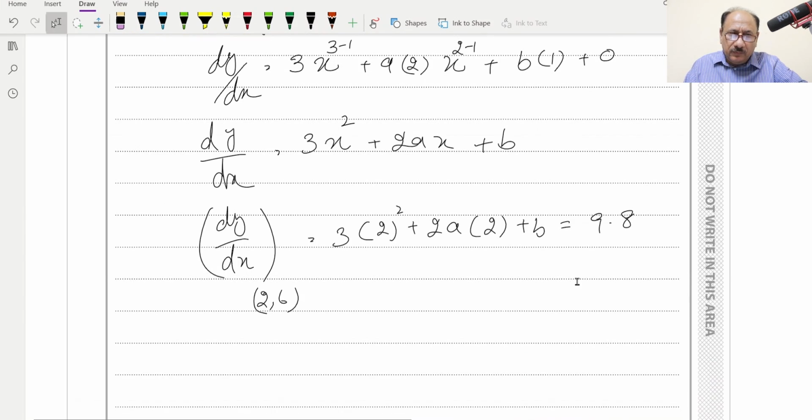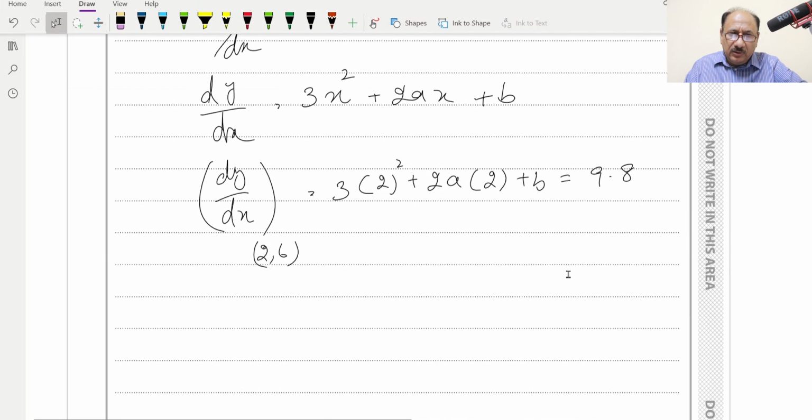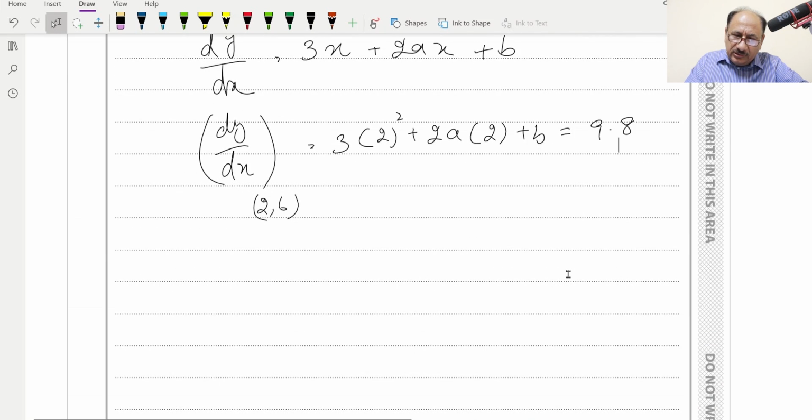Now what next, we can rewrite this equation, so it will be 3 into 4, 2 square will be 4, so this will be 12, plus 2 into 2 is 4a, and plus b is equal to 9.8.